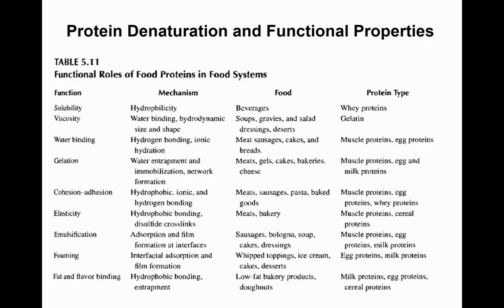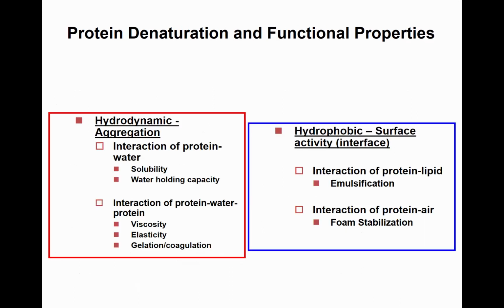When you're studying this table, it would be good to have a complete example of a function, a mechanism, a food application, and a protein type. If you're asked in an exam to give an example, that would be a good table to study.